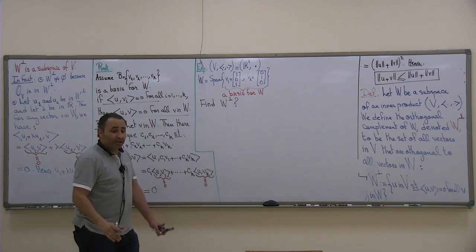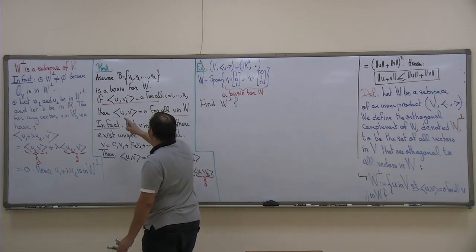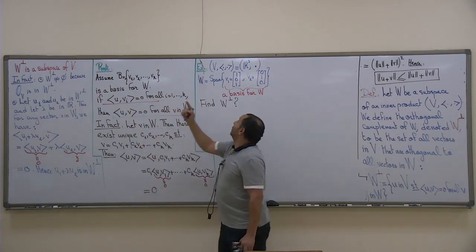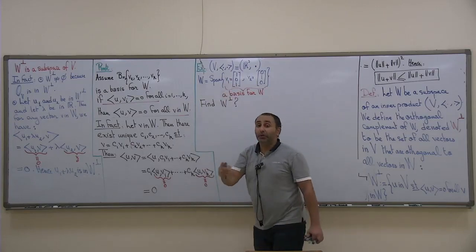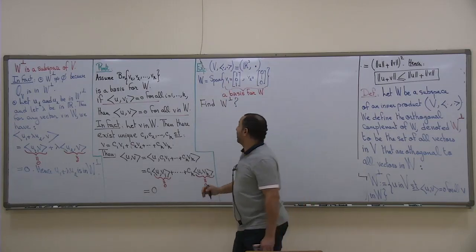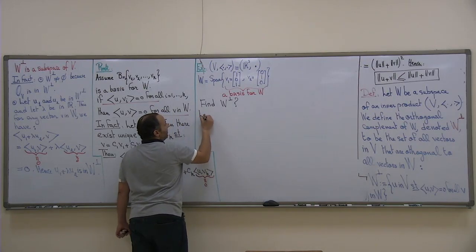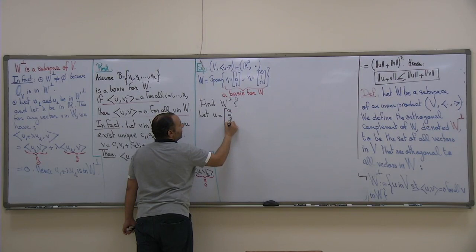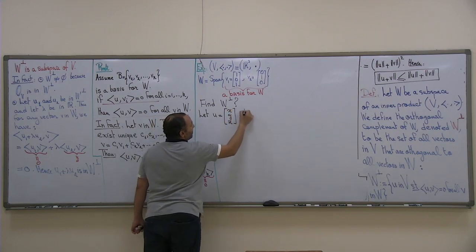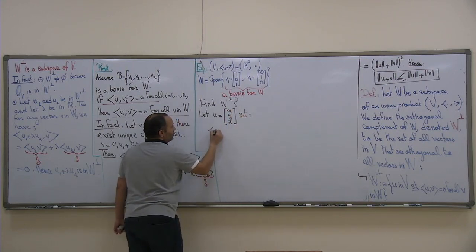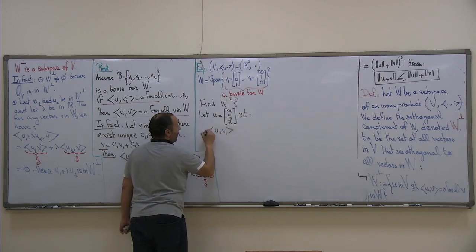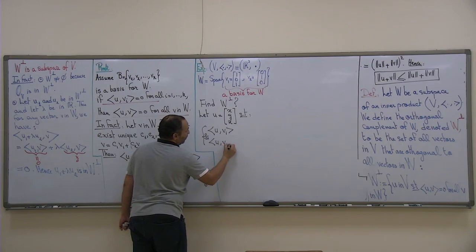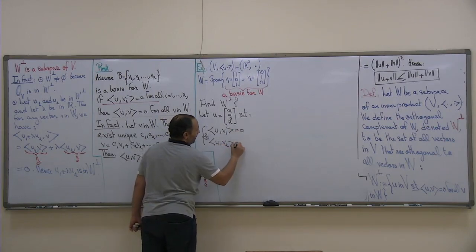What I'm going to do now is characterize the vectors U in R3 that are orthogonal to V1 and V2. You must be orthogonal to both at the same time. So let U = (X, Y, Z) such that U inner product V1 equals 0 and, don't forget, U inner product V2 equals 0.